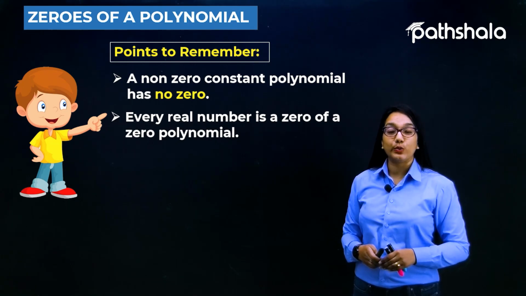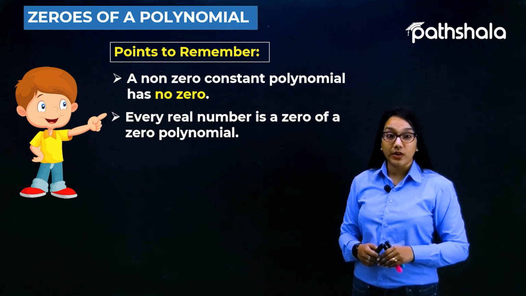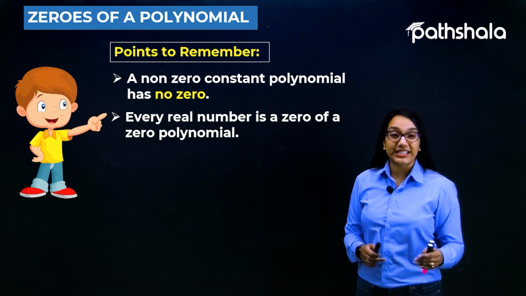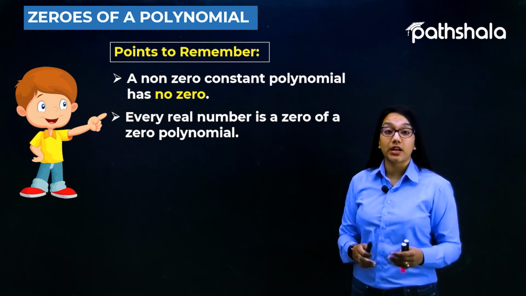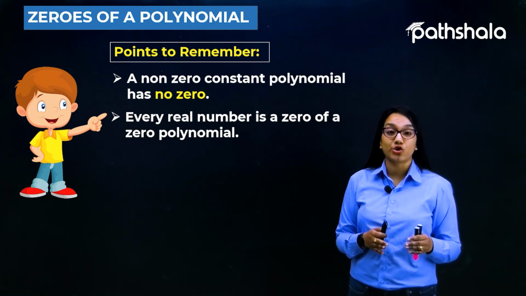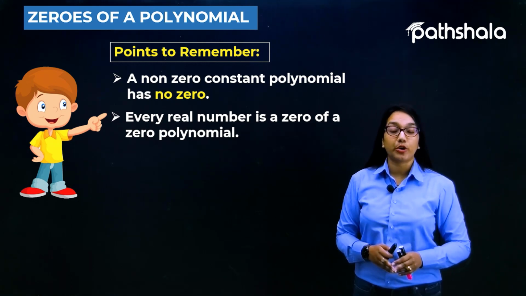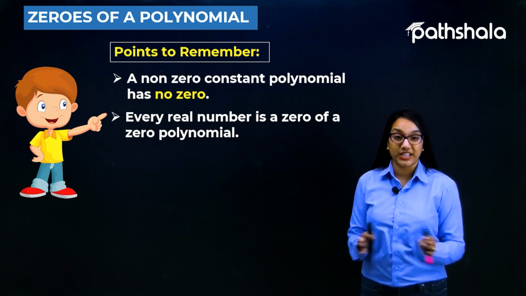Then definitely it does not have any zero, because after substituting any value of x in this polynomial, the answer always remains 2. So a non-zero constant polynomial has no zero at all.